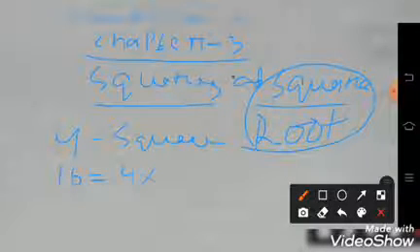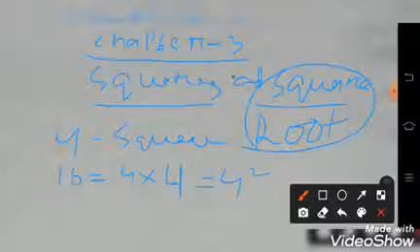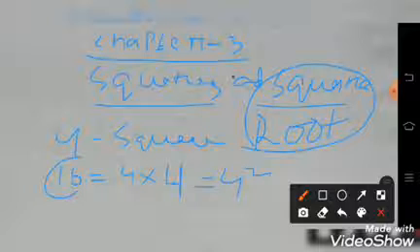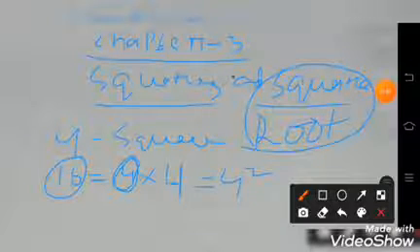Let's see, 4 into 4. So this is equal to 4 square. 4 4s are 16. So here 16 is the square number of 4 and this 4 is the square root of 16. I hope you are clear on that.